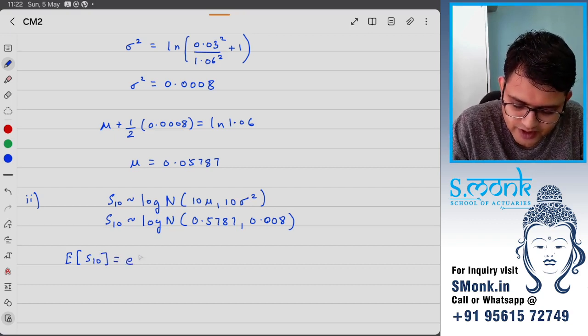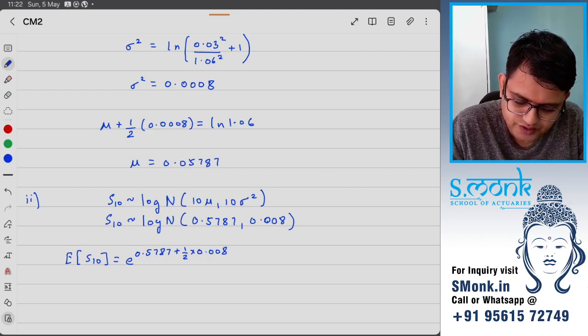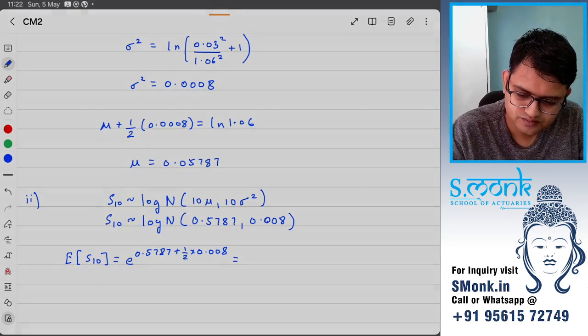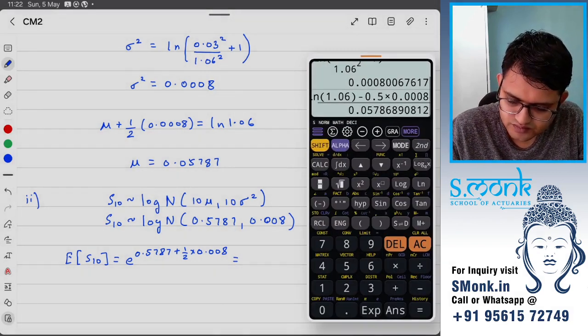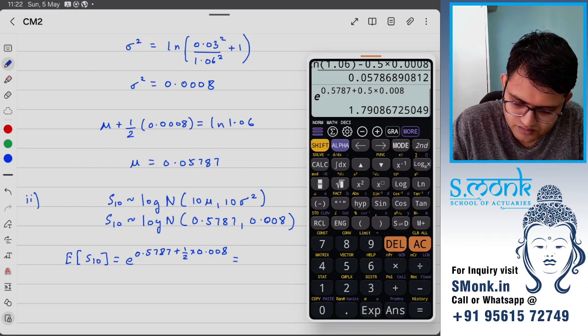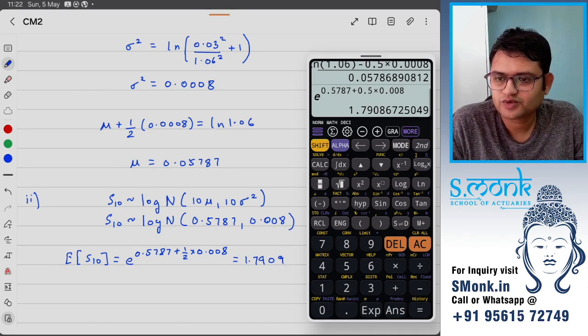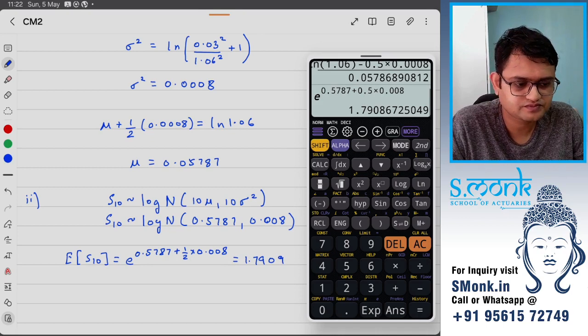For a lognormal distribution, it will be e raised to mu, that is 0.5787, plus half of sigma squared, that is 0.008. That gives 1.7909, right?